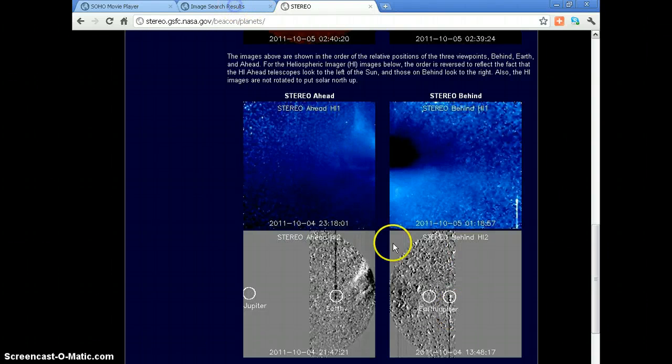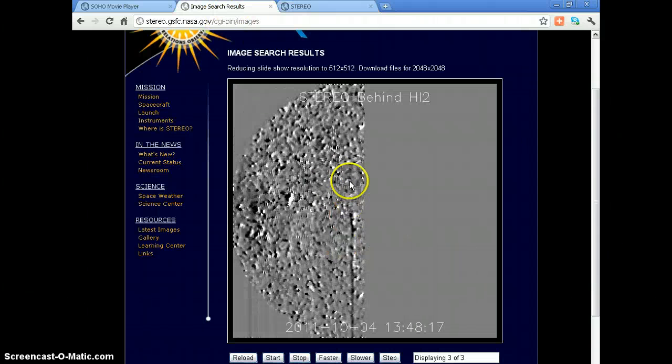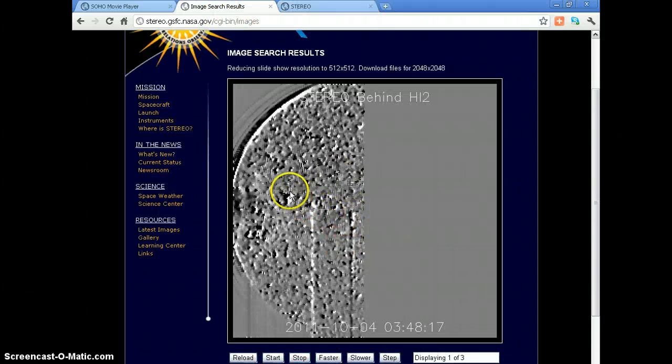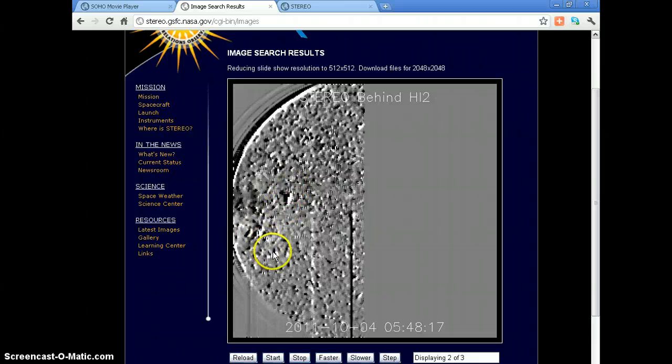Wait a minute. Here's what we're looking at: this STEREO Behind 2. Alright, so this is what we're looking at on this movie. We have Jupiter, Earth, this object, and these objects started to show up yesterday, and now they're all in here together, and I find it very interesting.